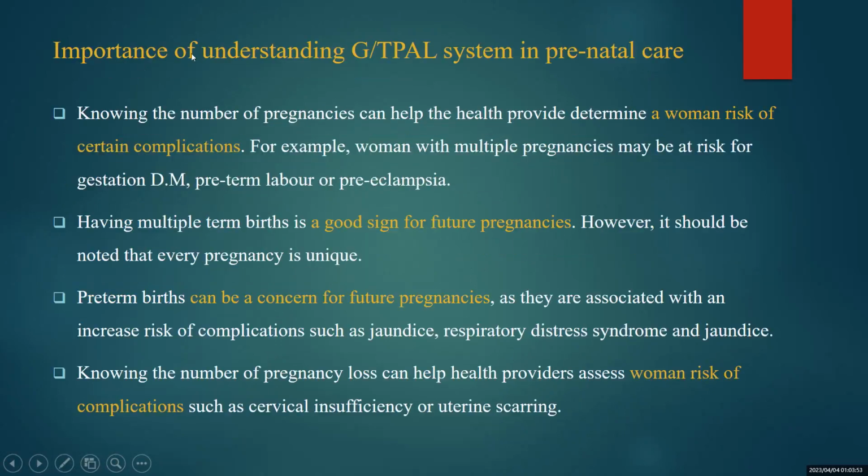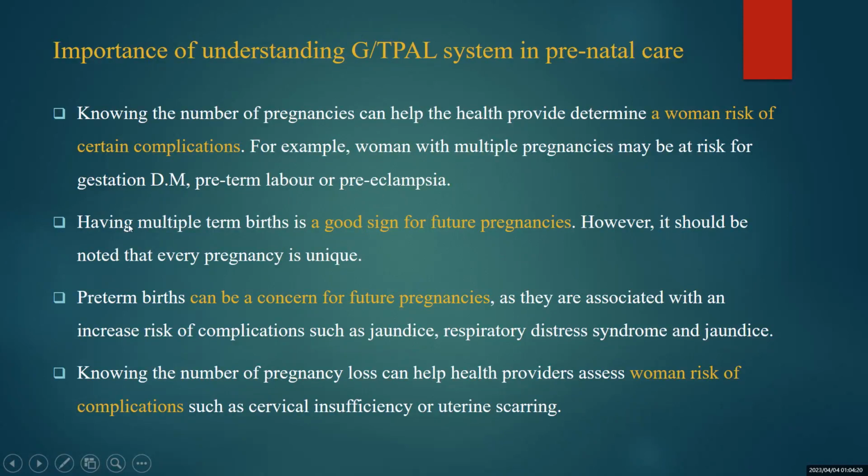Let's look at the importance of understanding the GTPAL system in prenatal care. The first one is that knowing the number of pregnancies can help healthcare providers determine a woman's risk of certain complications. For example, a woman with multiple pregnancies may be at risk for gestational diabetes, preterm labor, or preeclampsia.